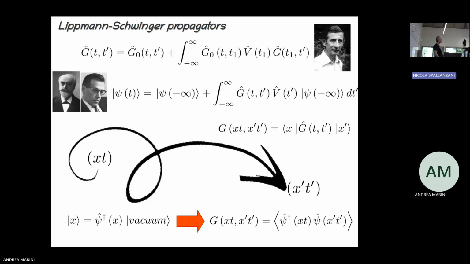Now, there is technically the problem of ordering, pseudo-time, and so on. But conceptually, what you are calculating is the probability of the system to move from one point of space-time to another point of space-time. If you are able to calculate exactly this probability, then you win. You know exactly the solution of the problem.